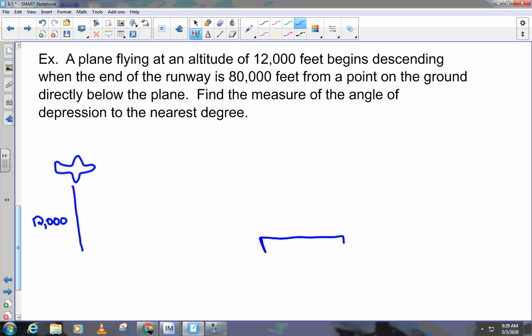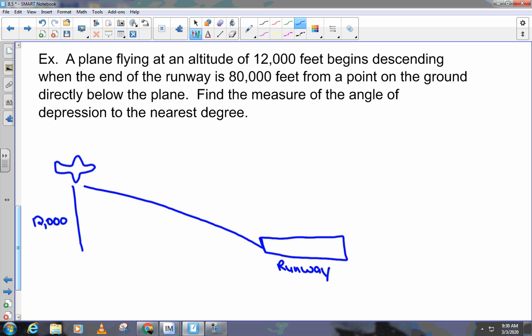So here's the runway, and he begins descending to the runway when the end of the runway is 80,000 feet from a point on the ground directly below the plane.